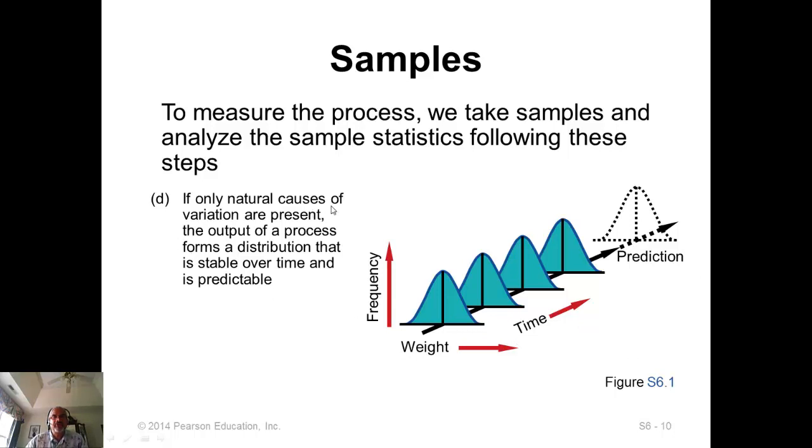With only natural variability, you're going to see a very stable production process. Each instance need not be exactly at the center. There may be variations, but it will all be predictable variation. So in the future you can expect the production process to be stable.